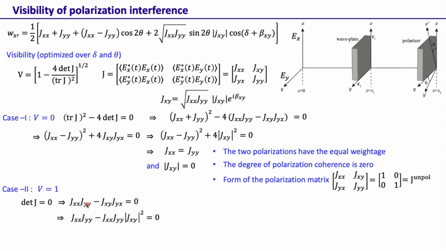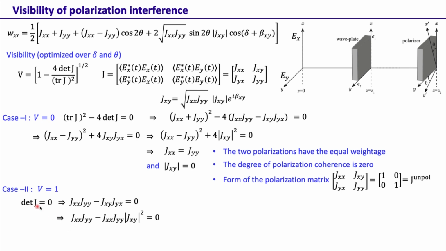This we can write as jxx jyy, and then now we are writing this jxy like this, and jyx as the complex conjugate. If you multiply those, then the square root goes away, we have jxx jyy, and we have small |jxy| squared, and then e to the i beta xy times e to the minus i beta xy, that gives us just 1.